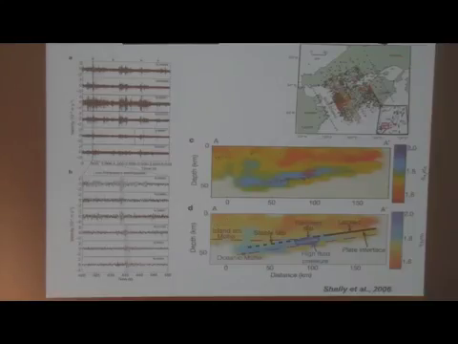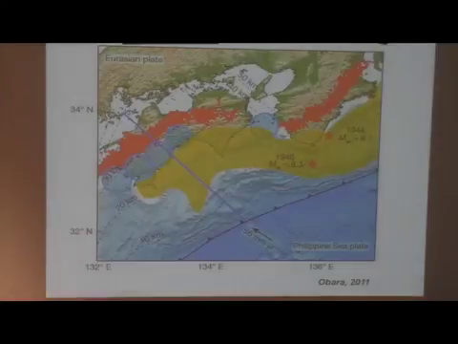And so the idea, even though they didn't really say it, was that these high VP-VS reduced your effective normal stress and allowed some frictional motion. So these little teeny patches embedded in the slow slipping area could actually have frictional motion.